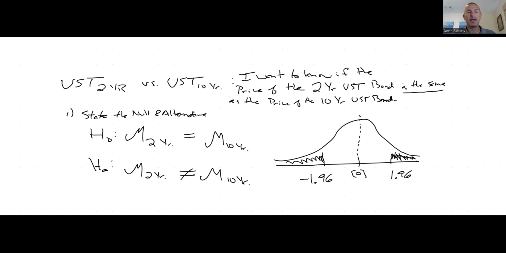That's telling us that if our test statistic goes past positive 1.96, it'll be in the region of rejection. Or if it goes past negative 1.96, then we'll be in the other region of rejection.